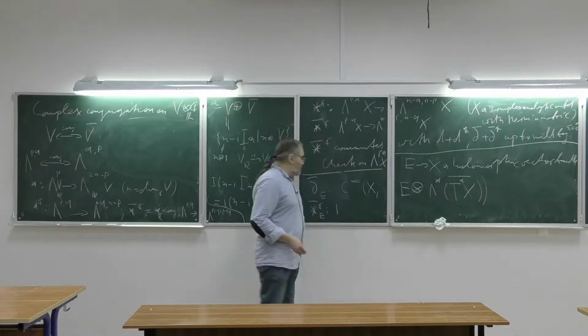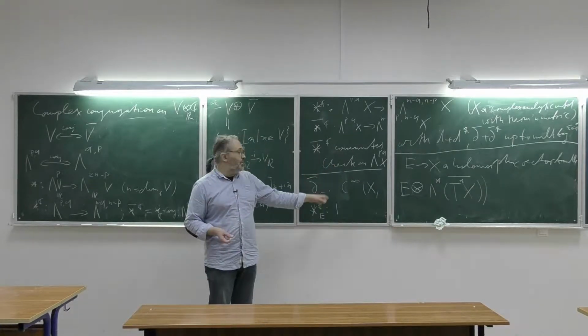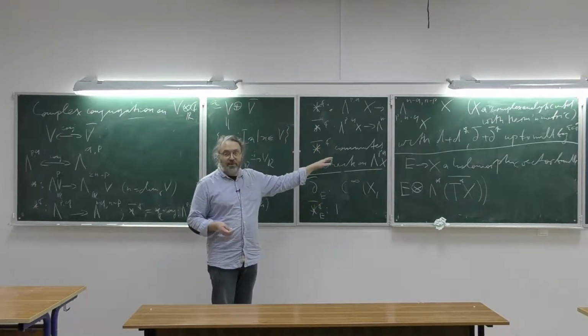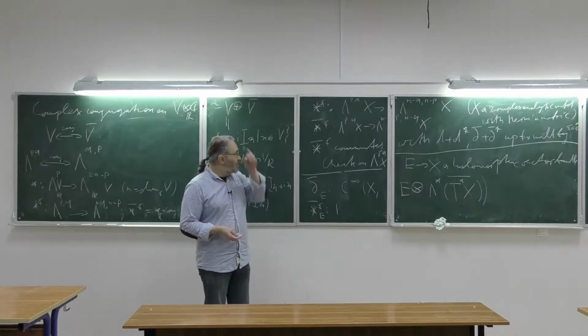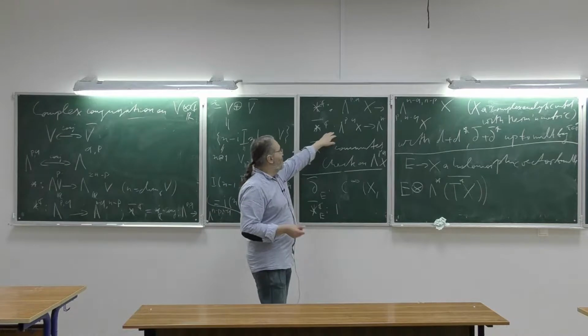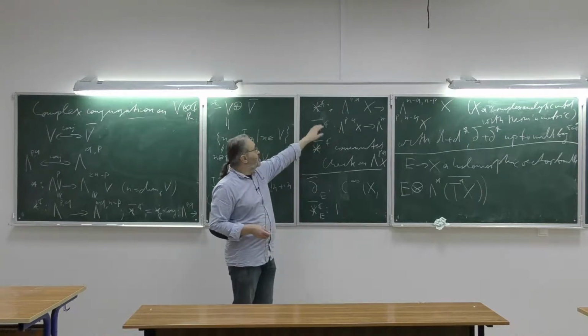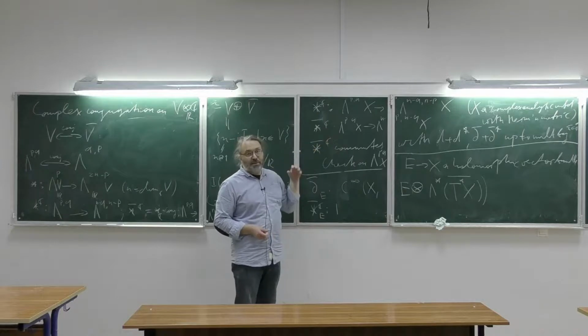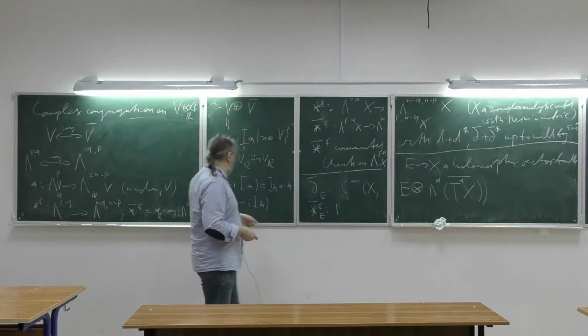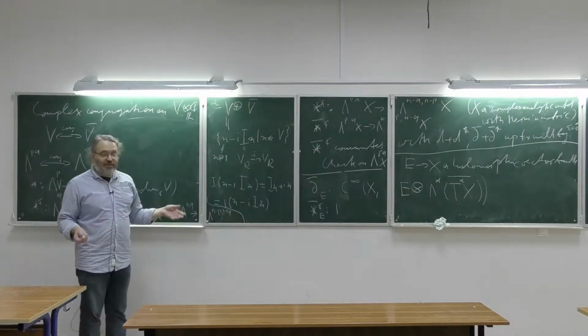Now I want to define an analog of the star operator, but for bundles. And here I have a problem, because this map is complex linear. This map is anti-linear. Why? Well, because the conjugation is anti-linear.